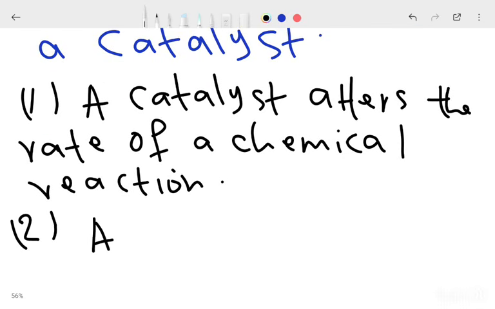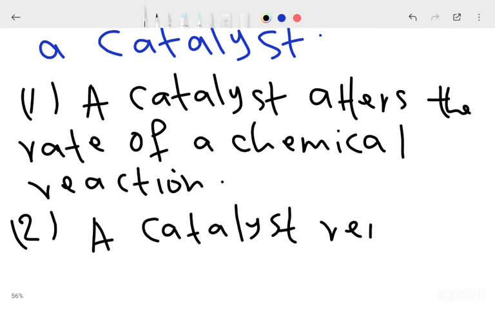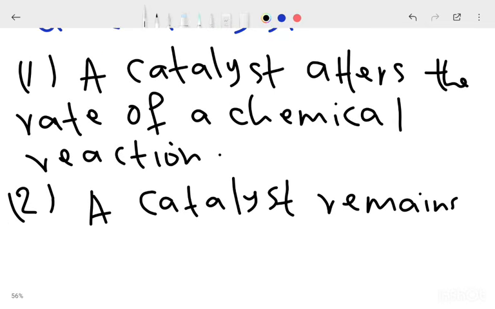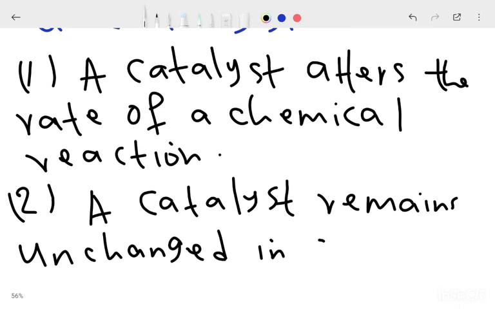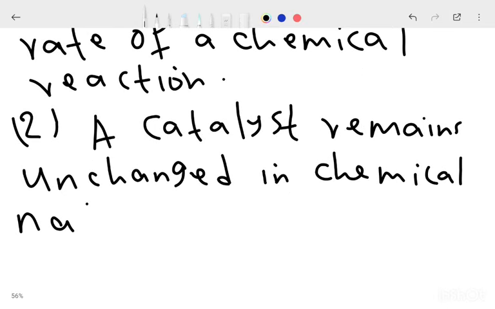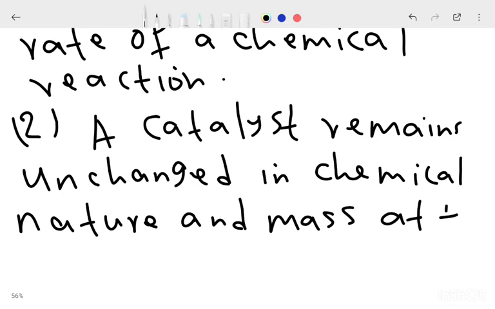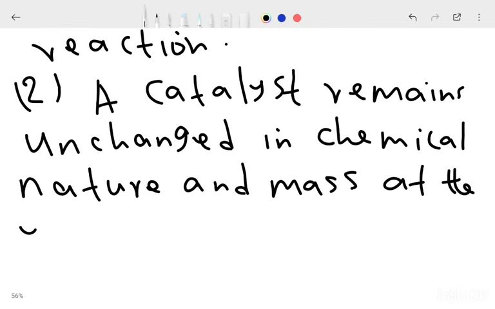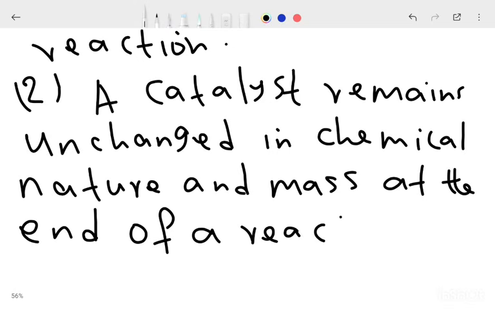Number two, a catalyst remains unchanged in chemical nature and mass at the end of a reaction.